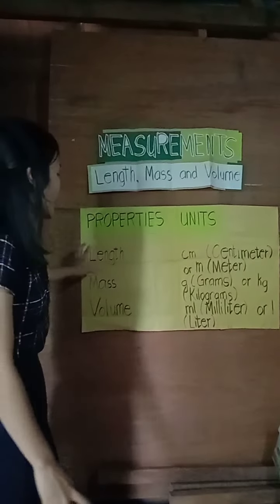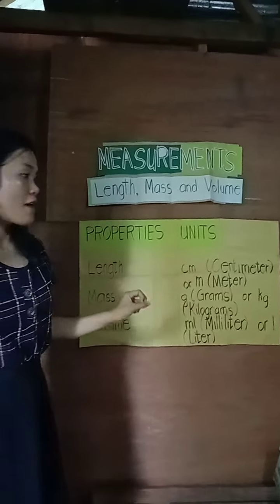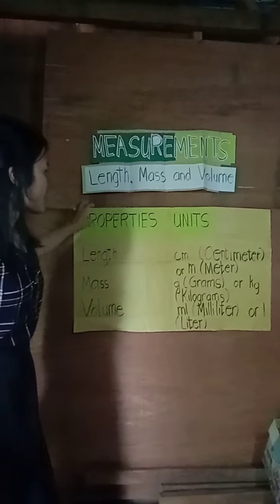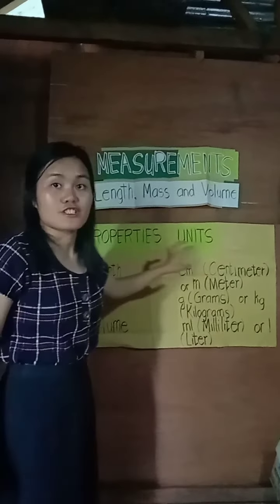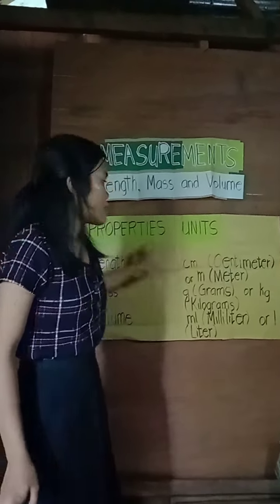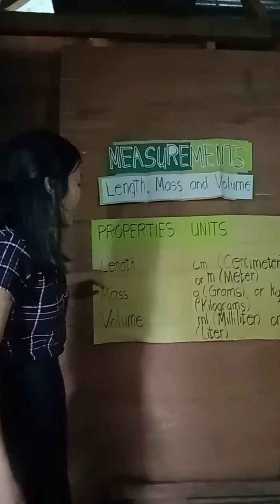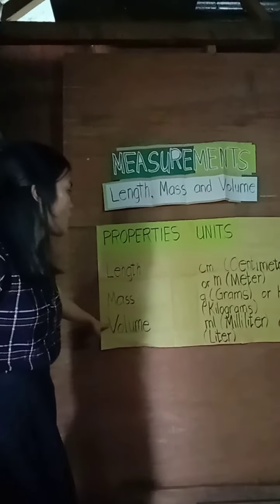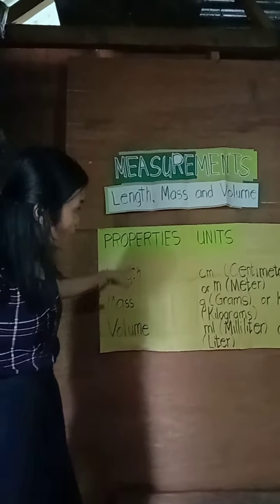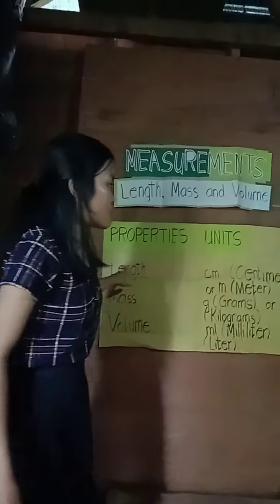Just look at the board. This table shows the properties and units of measurement. For the properties, we have length, mass, and volume. The units of length are centimeter or meter.